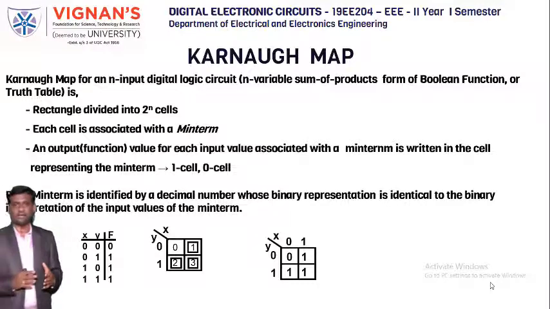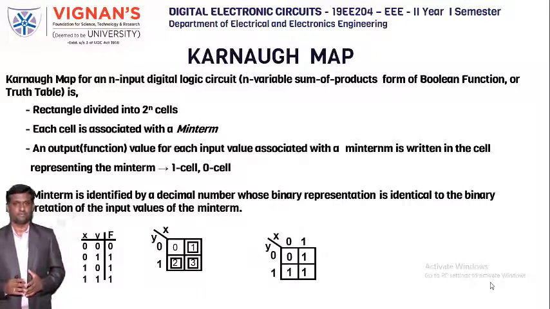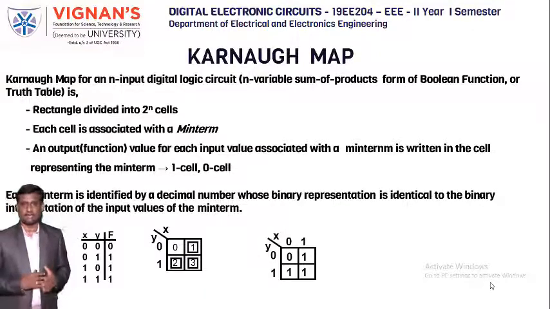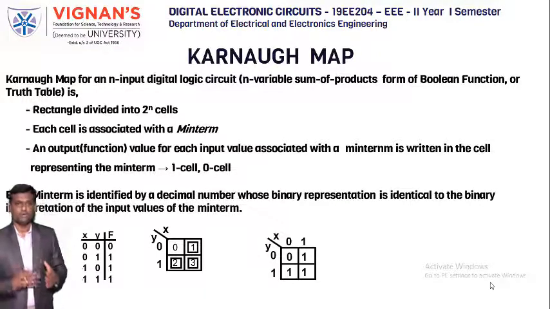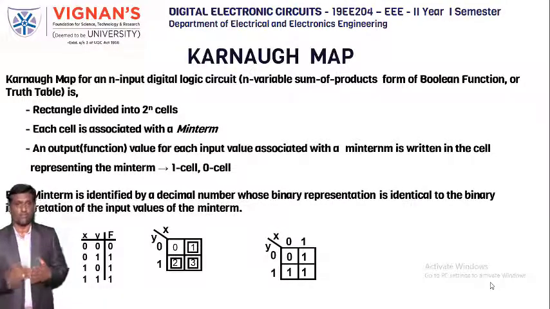If the output function is 0 we will consider it as a maxterm. Like that, here also I am simplifying the K-map of two variable for a Boolean function in the form of SOP. That's why I am considering output function of ones.